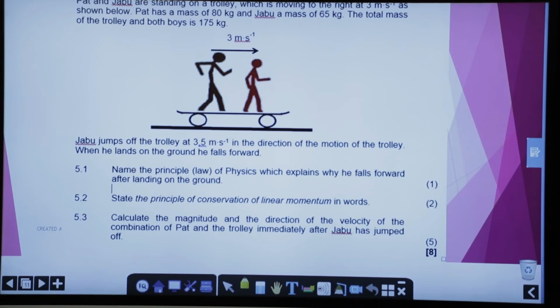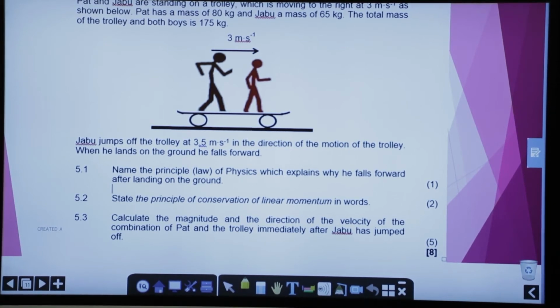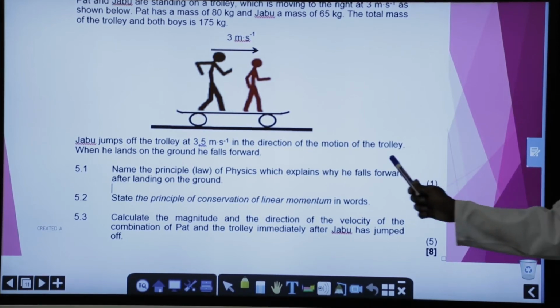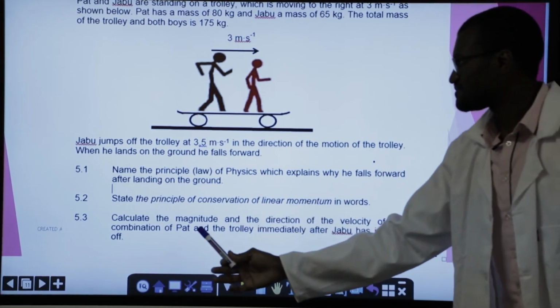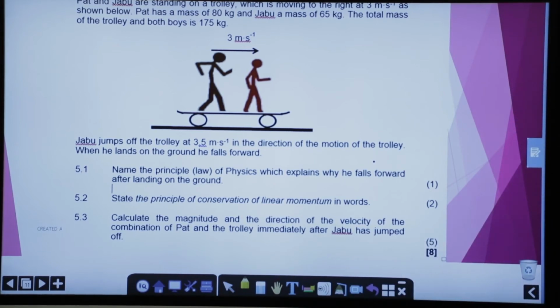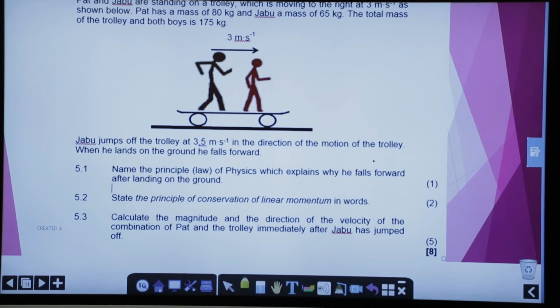5.1 says, name the law or the principle of physics which explains why he falls forward after landing on the ground. What law or principle would you think is applicable in this situation? Think about it. Which laws have we done?